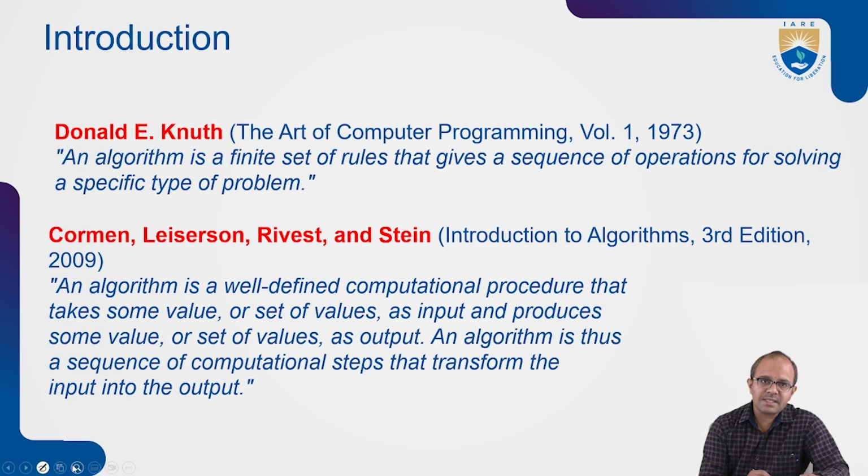An algorithm is thus a sequence of computational steps that transforms the input to the output. This is one more definition we have seen from the author Cormen. So an algorithm can take a set of values as input, these values are processed through the steps in the algorithm, and finally the algorithm should produce an output or set of outputs.